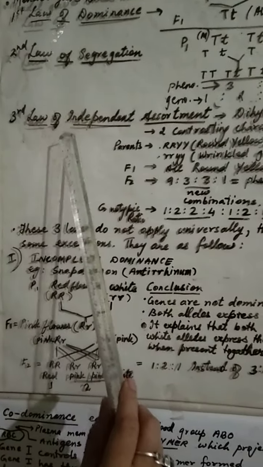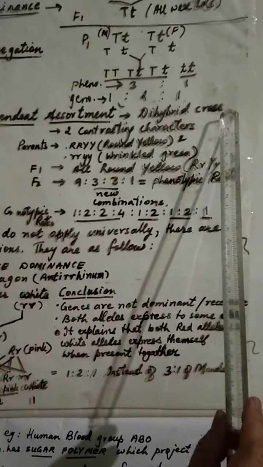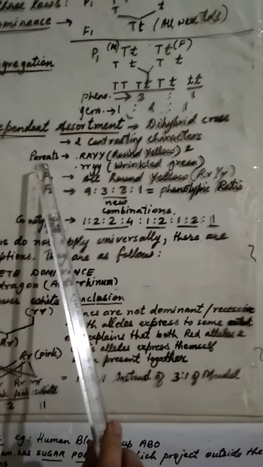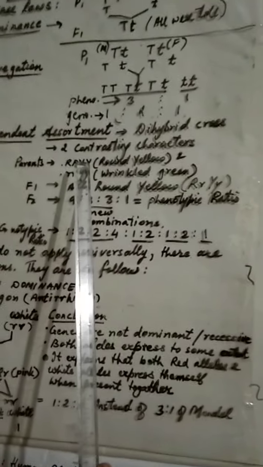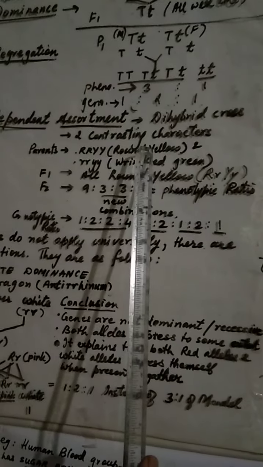The third law of Mendel is the law of independent assortment. Here he has taken 2 characters, so it is called a dihybrid cross. What were the parents he has taken? They were round yellow, symbolized with capital R, capital Y because they are dominant.